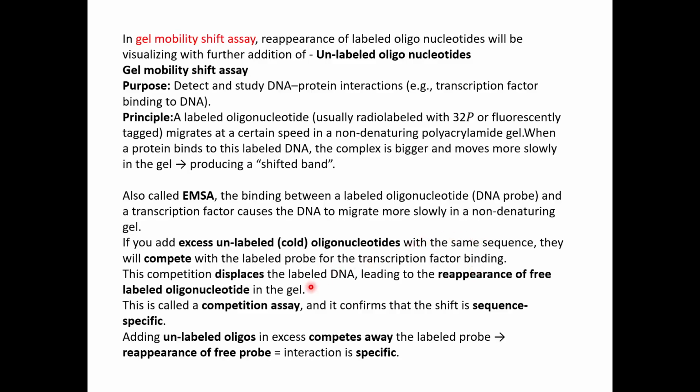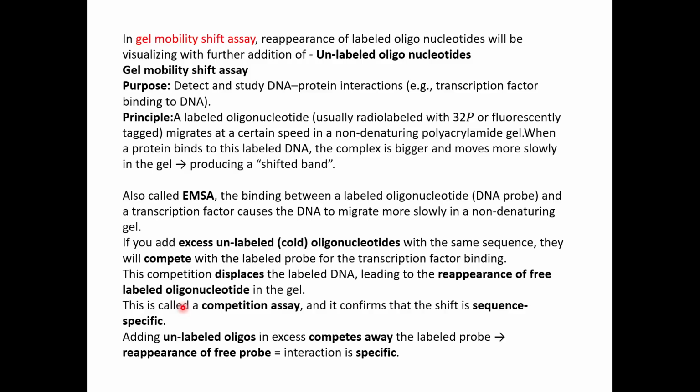So once it gets replaced, or this competition displaces your labeled DNA, it leads to reappearance of your free labeled oligonucleotide in the gel. So basically, if you want your free labeled oligonucleotide to reappear in the gel, you have to just add unlabeled oligonucleotides of the same sequence. So this is called a competition assay, and it confirms that the shift is sequence specific.